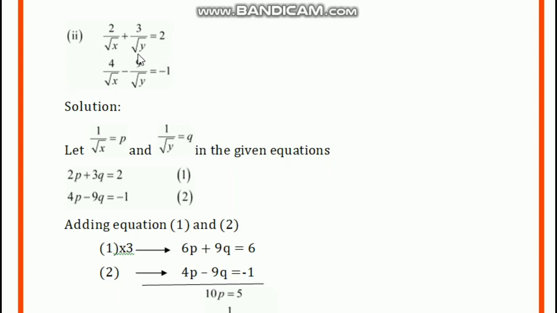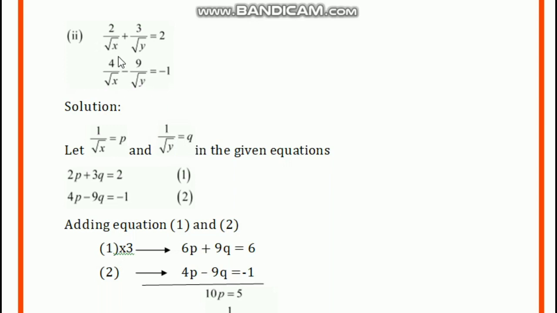So how to convert into linear equation? So we know very well about it. The denominator consists of variables. Okay, so easy. So let's start. Let 1 divided by square root of x be equal to p. Then 1 divided by square root of y equal to q.